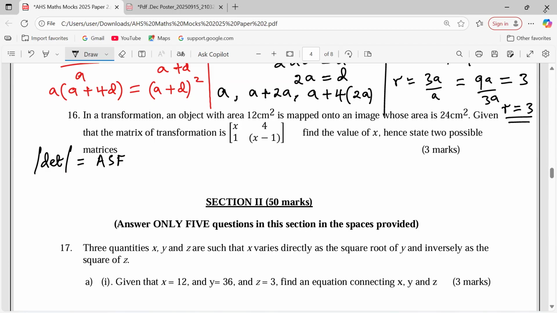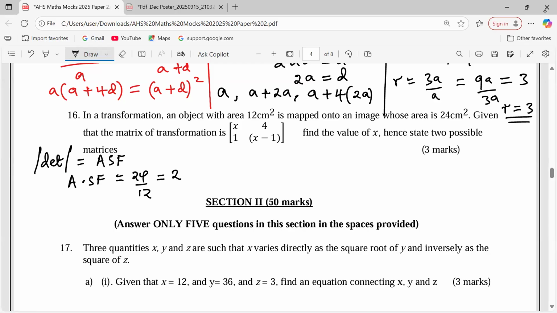Now you use the absolute value of that particular determinant. So from what we are given here, we can get the area scale factor, which is 24 over 12, giving us 2. The area scale factor is 2.